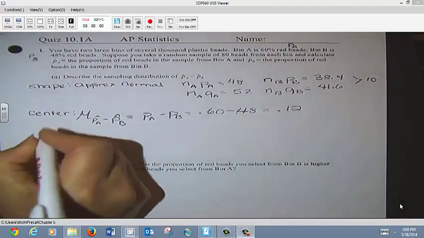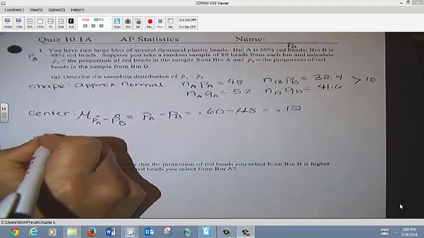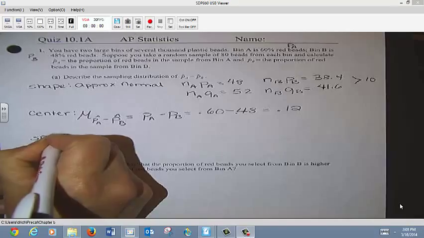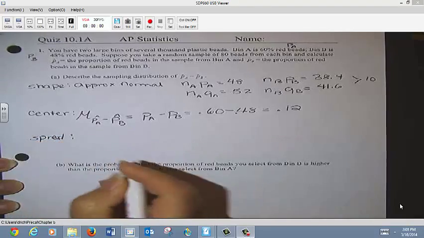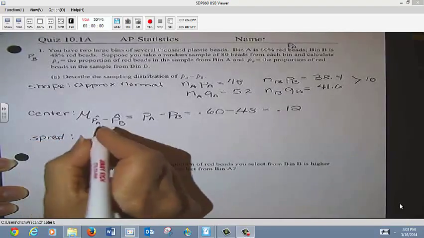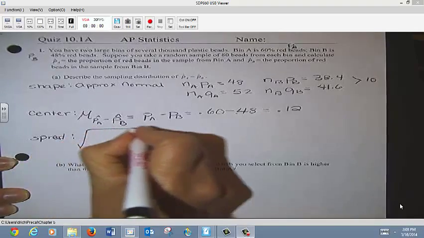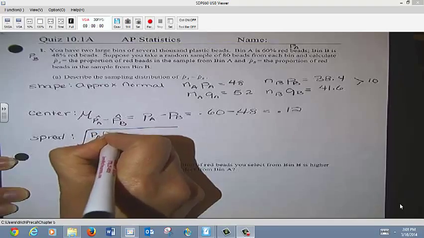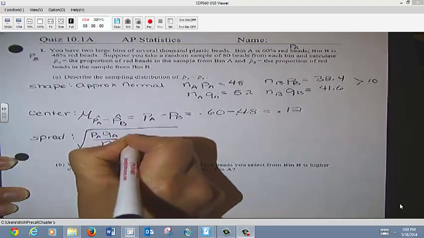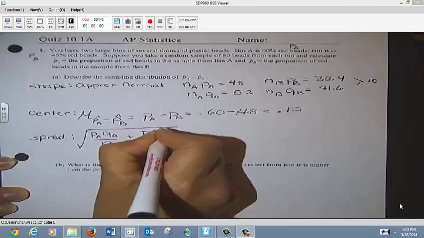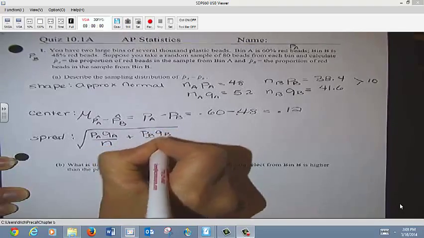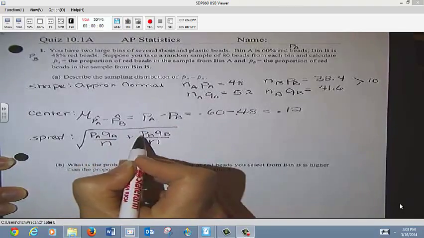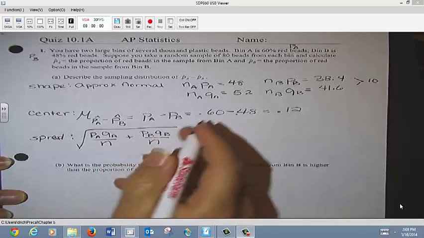And then spread, we can use the standard deviation formula, big square root of PA QA over N plus PB QB over N, and we're going to use the true proportions as long as we have them, and we do.